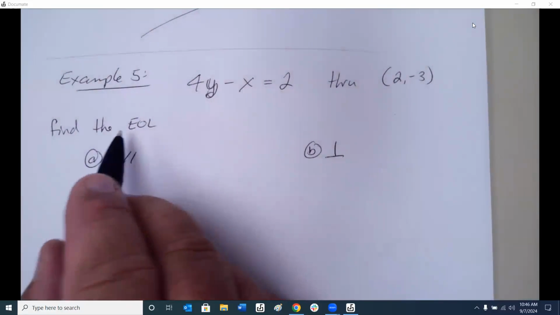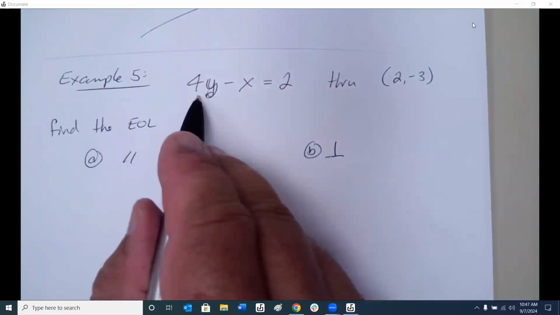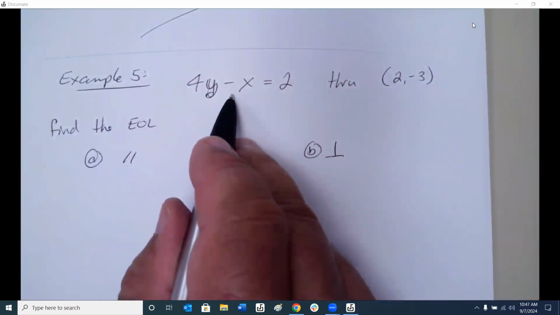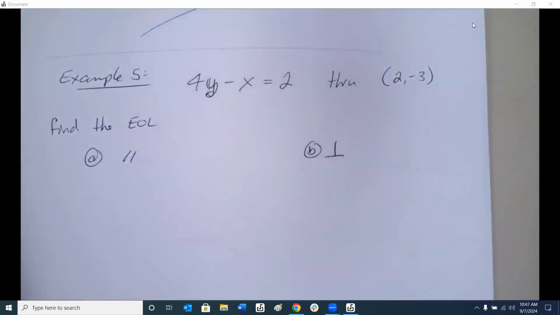So find the equation of the line parallel to this one, going through that point, and the equation of the line perpendicular to that, going through that point.